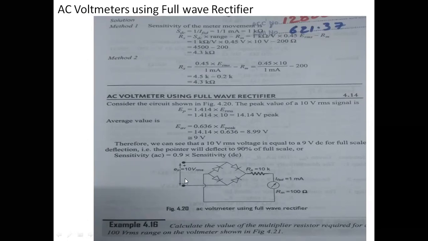That's why the value obtained in the meter is not the same as the 10 volts range, because there is a reduction in the voltage which represents the DC only. So we have to convert the AC voltage to its equivalent DC value, and that shows the representation of AC.